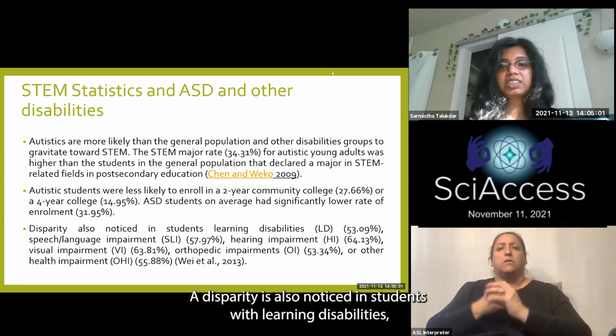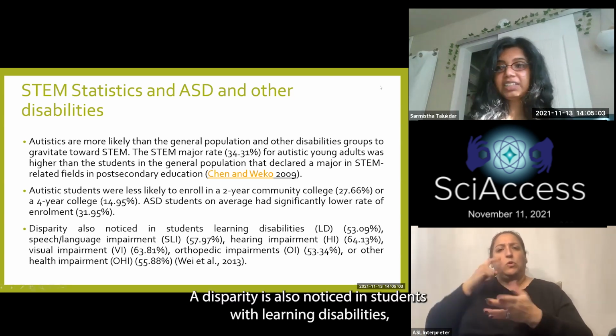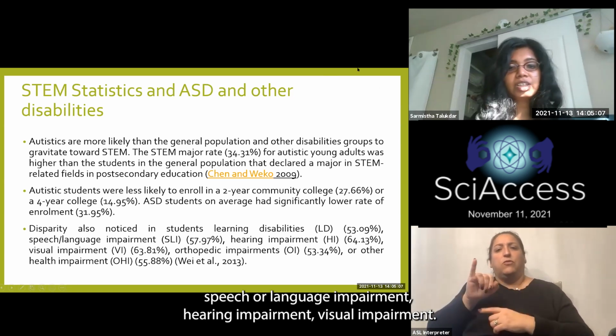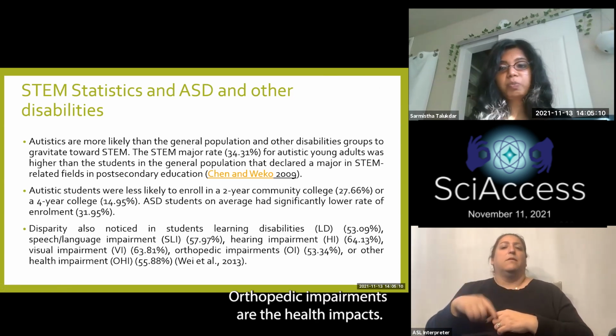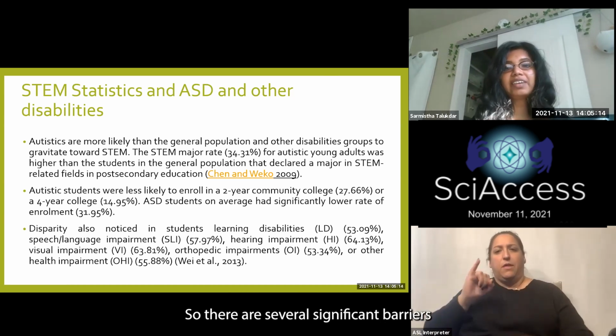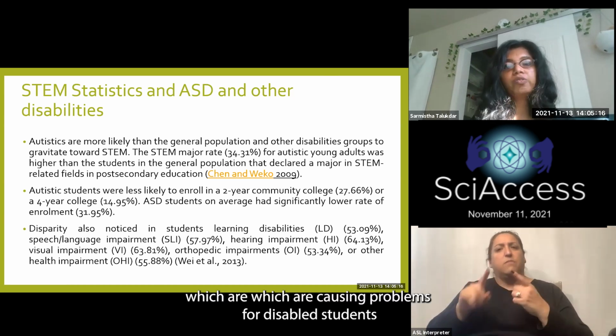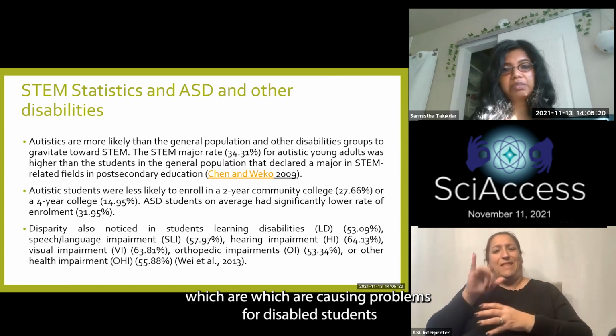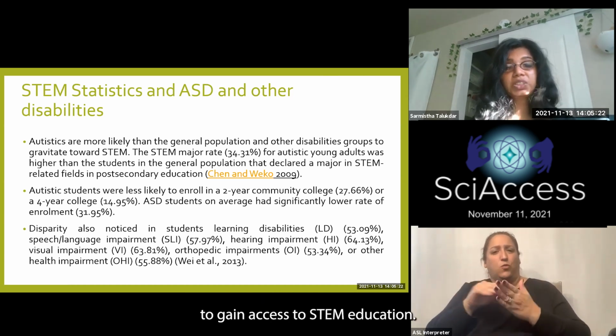Disparity is also noticed in students with learning disabilities, speech or language impairment, hearing impairment, visual impairment, orthopedic impairments, or other health impairments. So there are several significant barriers which are causing problems for disabled students to gain access to STEM education.